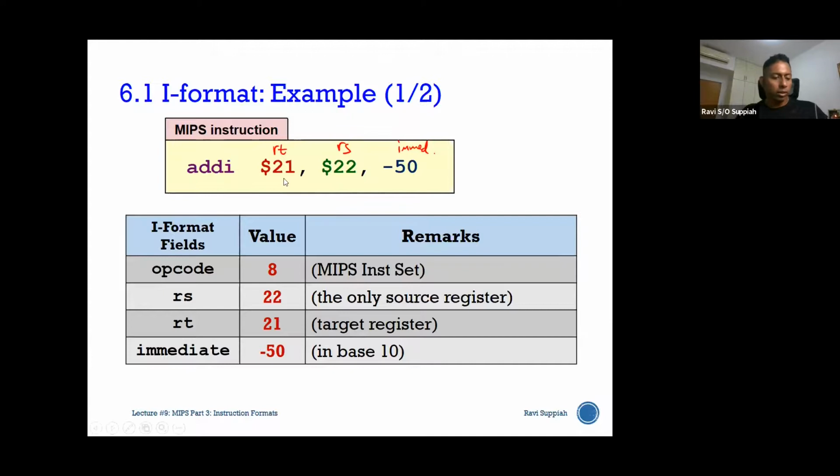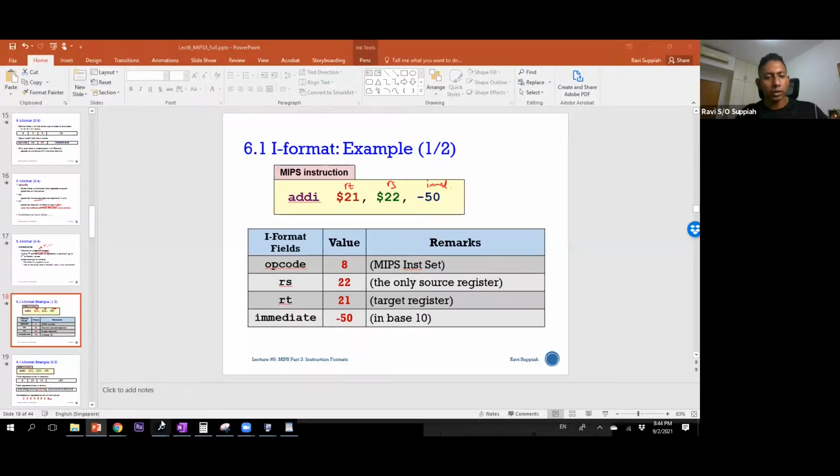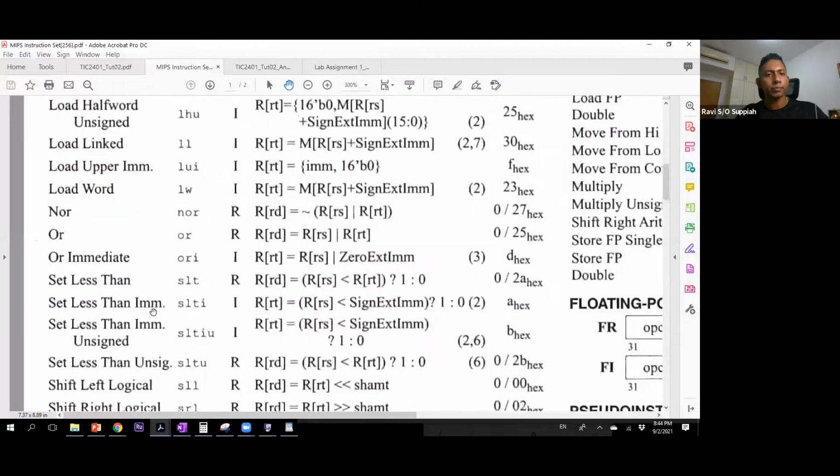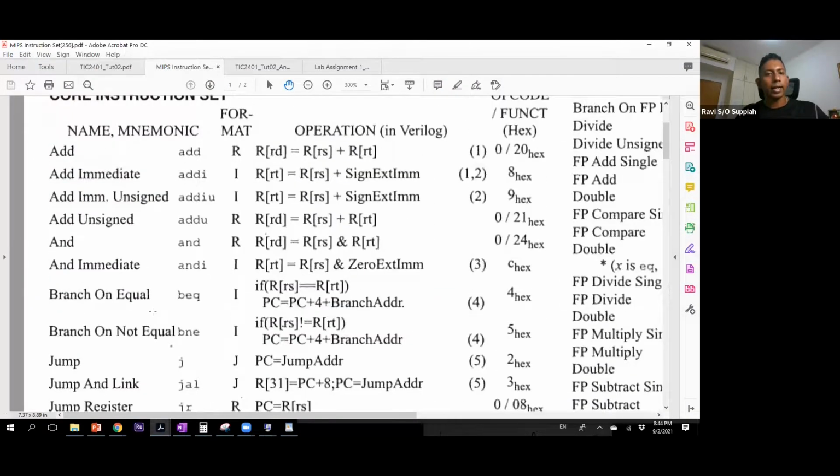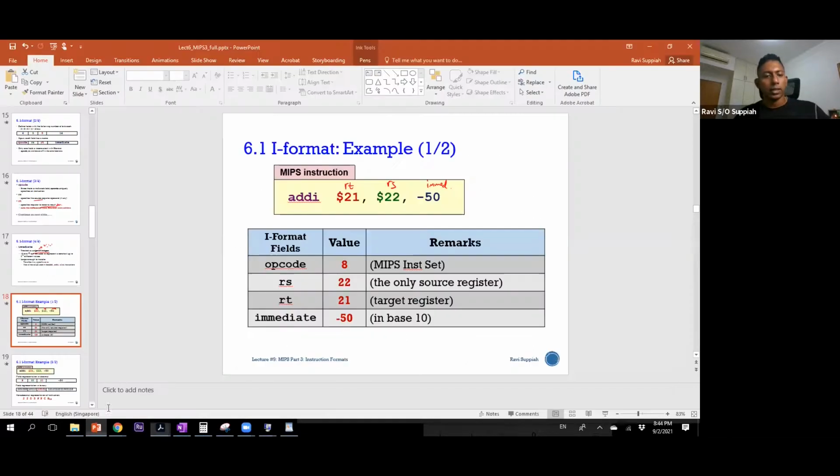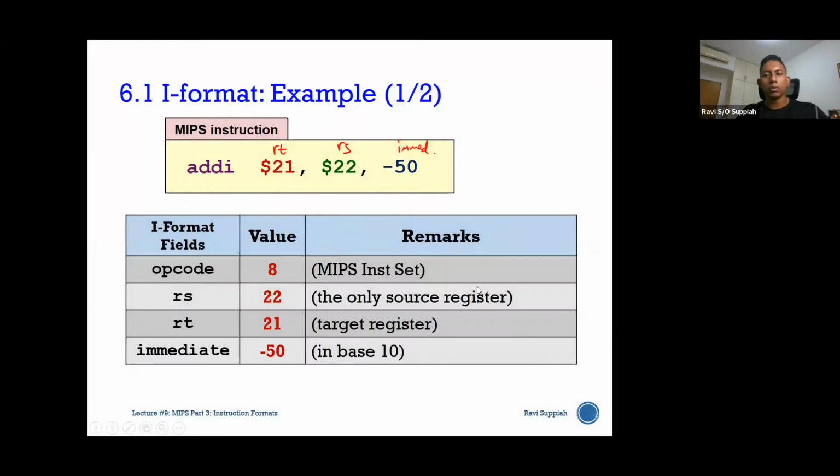So the opcode we can extract from the instruction set. For add I, add immediate, you can see the opcode is 8. So that is how you get the opcode value here as 8. RS and RT is given and the immediate value is also given.